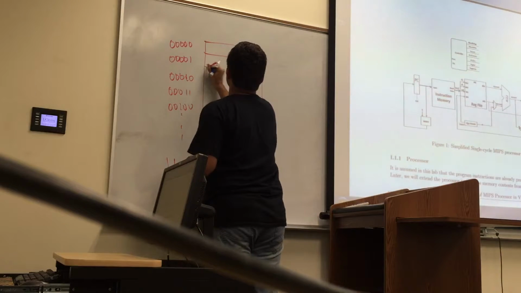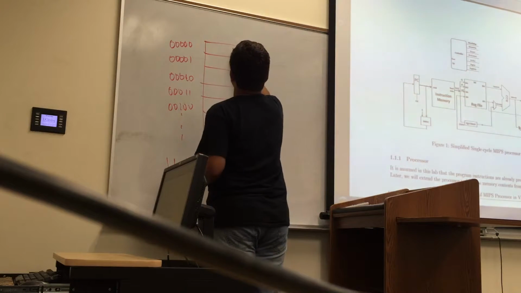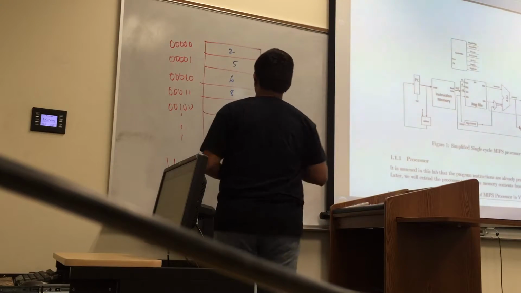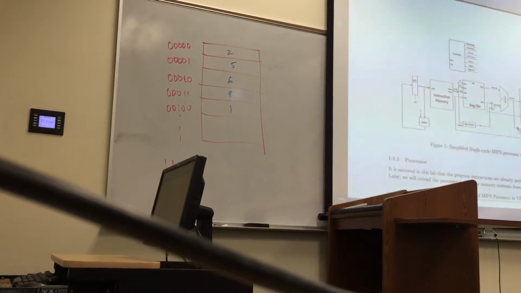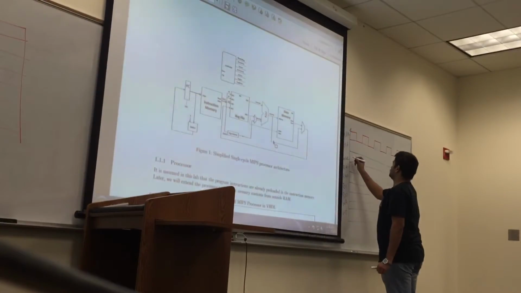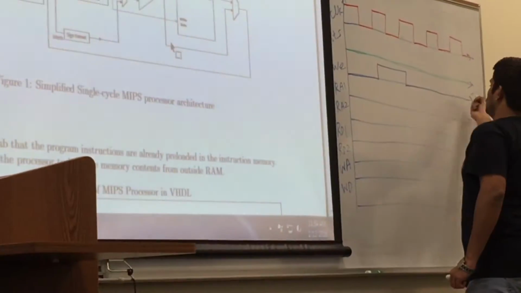Say that we have stored values like 2, 5, 6, 8, 1. Then reset is low, and the write enable will be initially low, then it goes high, then it stays low.